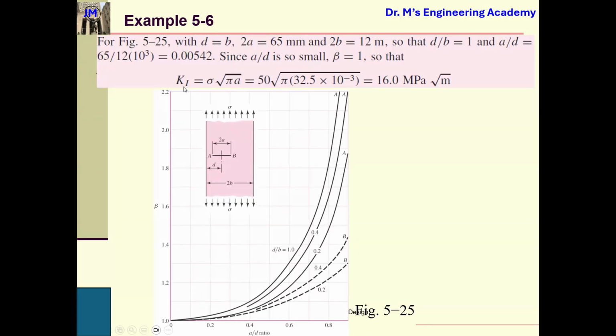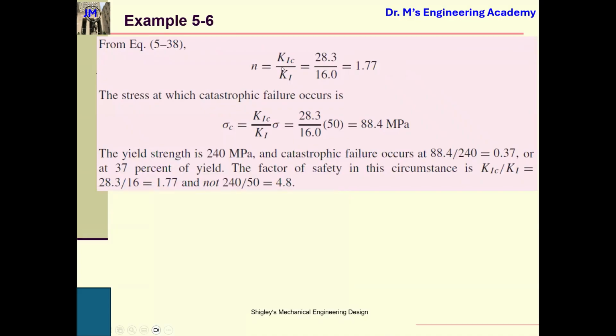No questions? Then we look at this KI and we compare it with KIC. KIC is a material parameter. It is fixed once you select a material. If you want a new KIC, that means you need a new material. KIC does not change if you keep using the same material.